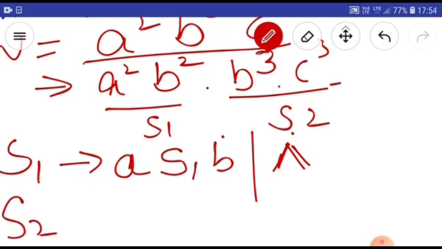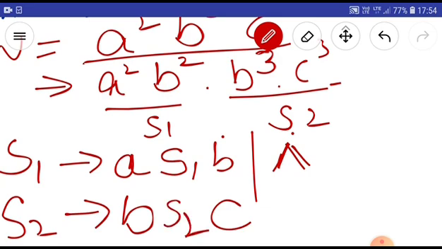What about S2? B cube C cube means an equal number of B's, and after that an equal number of C's are acceptable. In between I am taking S2, because on replacing this S2 again and again I will get this type of string. And what will be my minimum possible string? In this case I didn't put kappa here. Why?